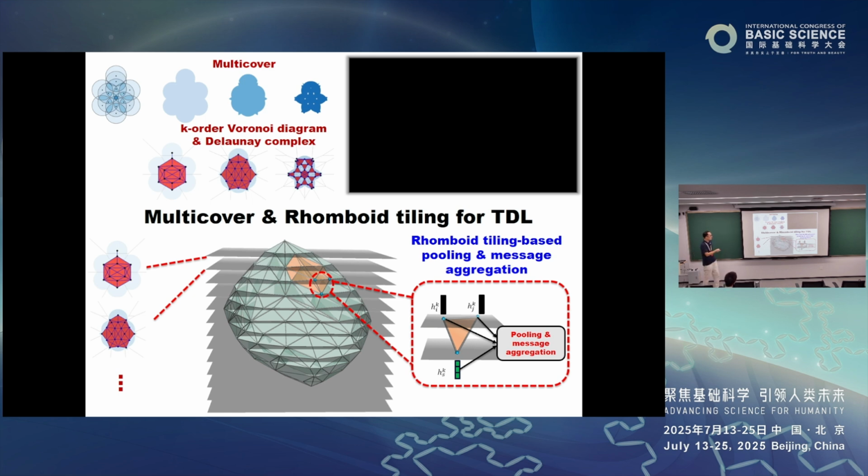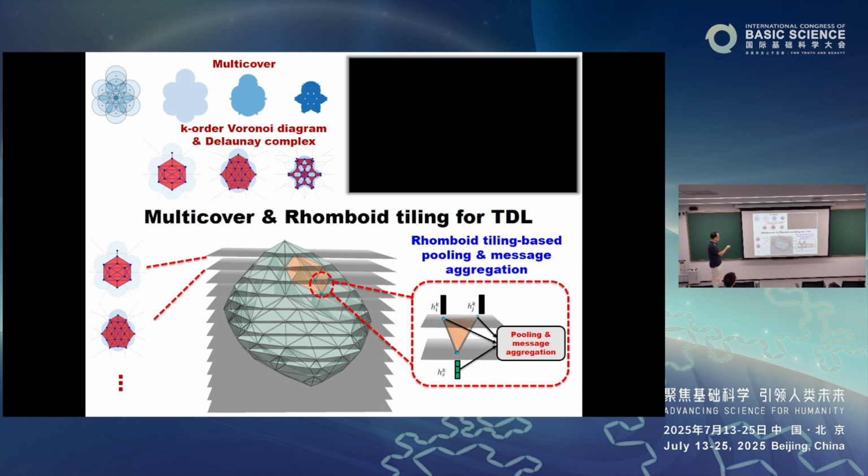Okay, so if you want to understand more, this is roughly about how these higher-order pieces of information interact with each other, and topologically it's represented in this way. And more interestingly, this series of Delaunay complexes are tightly related to each other through this rhomboid tiling.